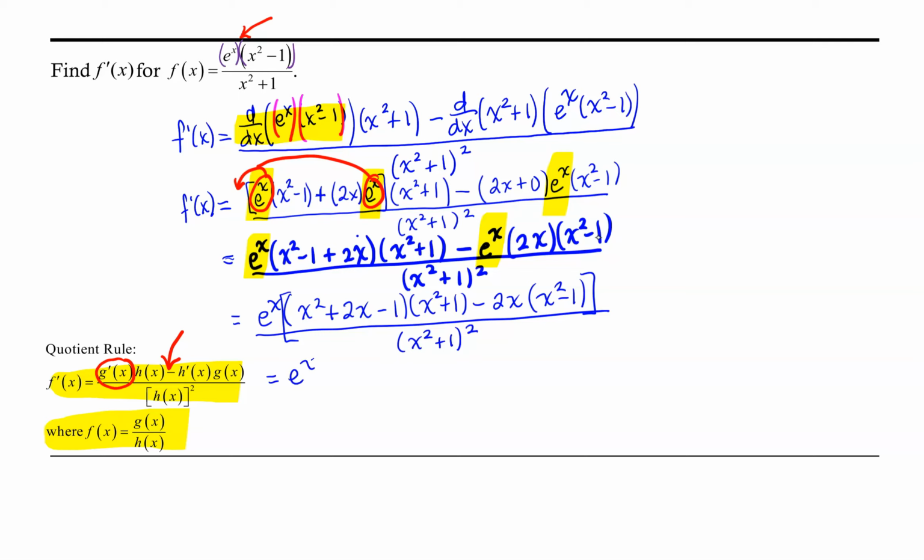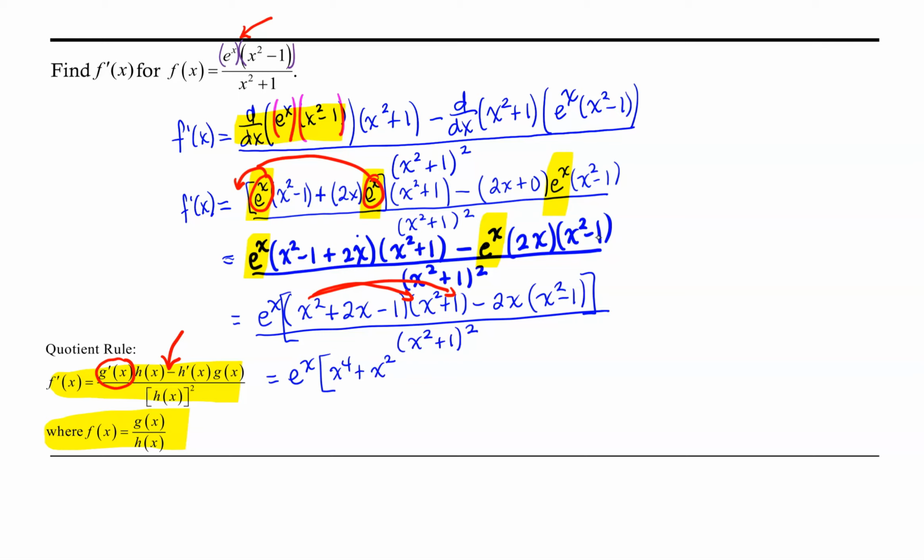So we have e to the x times, and now we'll be using the distributive property. So we'll have x squared times x squared times 1. So that gives us x to the 4th plus x squared.